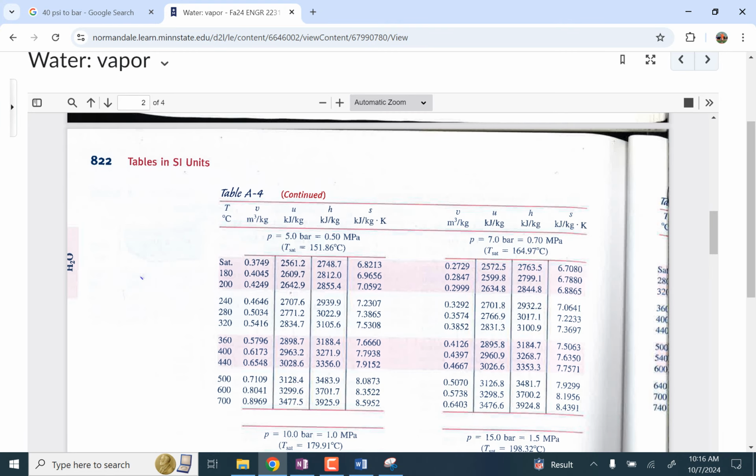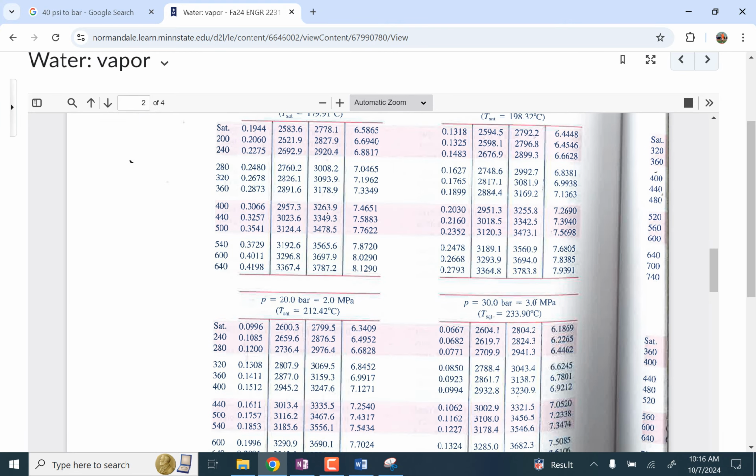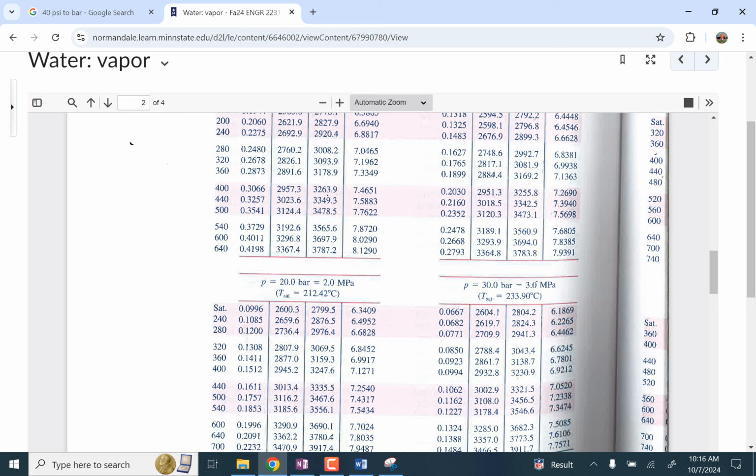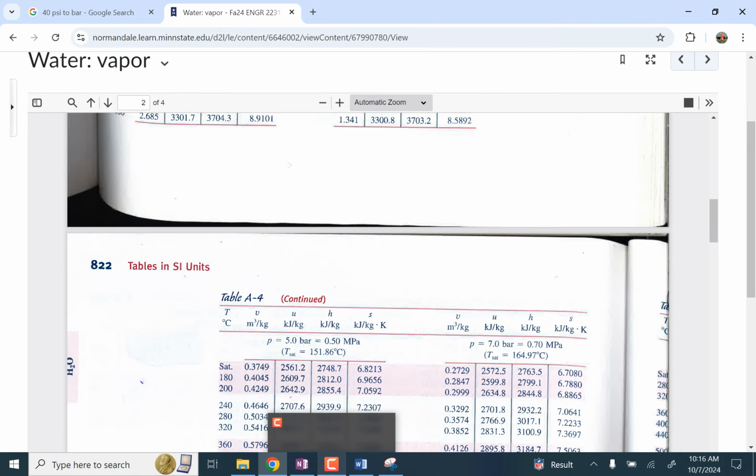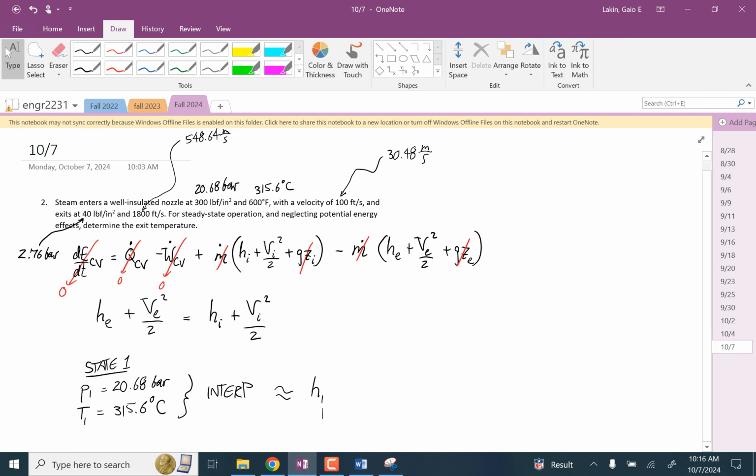Specific enthalpy is the third category. So somewhere around 3069.5. I think I got 3059. Okay, with the interpolation? I think so. Okay, that's great. So I'm just going to call it this, and that's times 10 to the third because it's kilojoules.